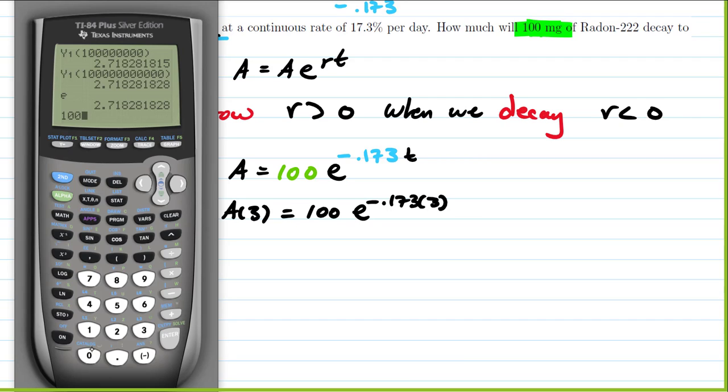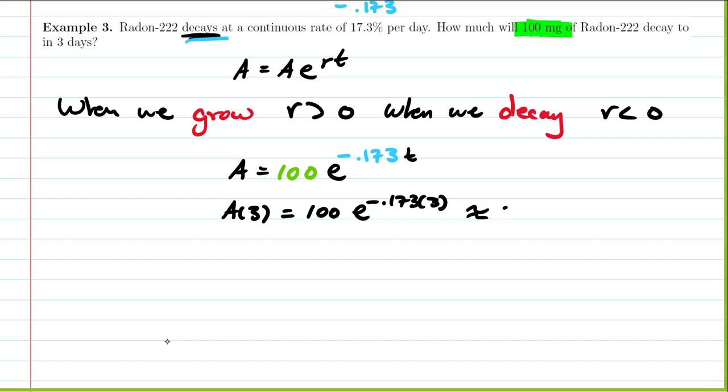If you go down the left-hand side of your calculator this time, the secondary function on the button labeled ln, which is left of the number 4, has the e, and then it automatically puts you in the exponent, so negative 0.173 times 3. We hit enter, and we have 59.51, so we're going to go with 59.5 milligrams.